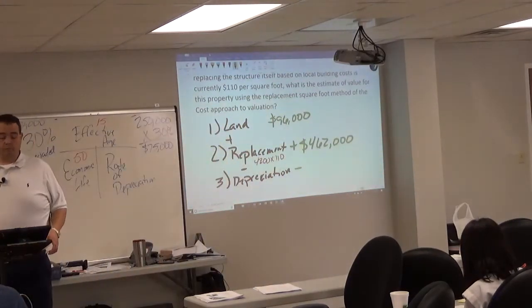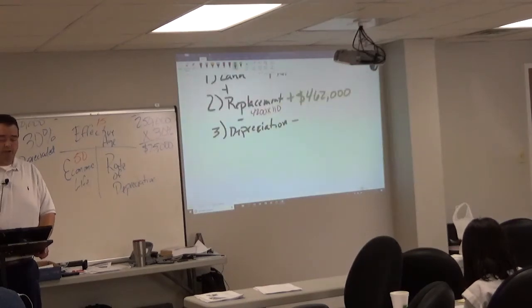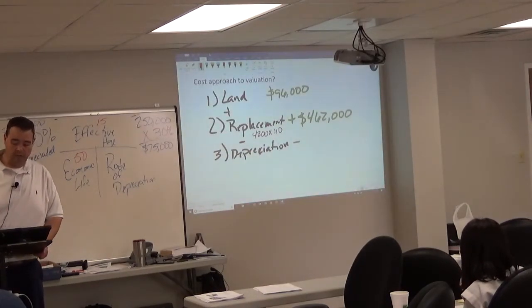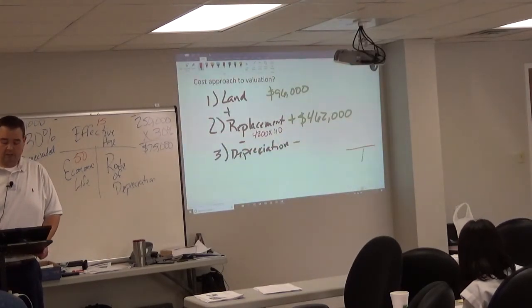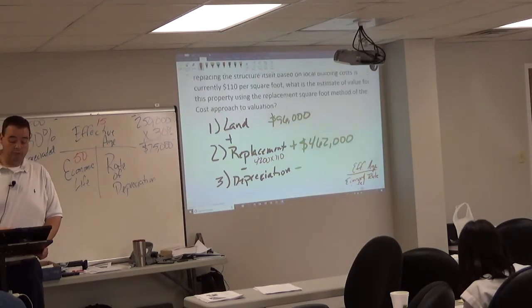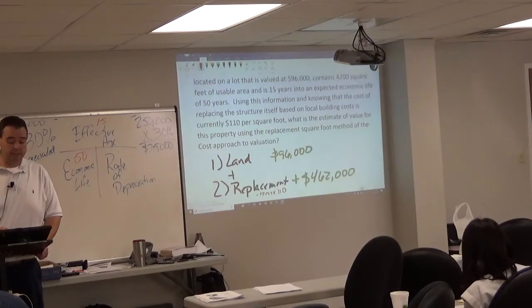So, depreciation, here's what we know about it. Our T-bar formula looks like this. We've got the effective age on top, the economic life on the bottom, and then our rate of depreciation. Okay? So, they told us that the effective age is what?